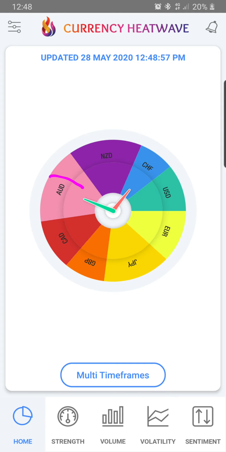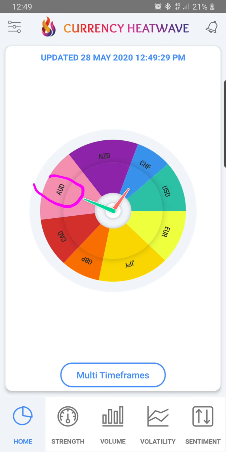Looking over here, you can see AUD, and you can see the green hand of the pointer pointing towards AUD, and the area that AUD is covering is very large, larger than the other seven currencies. So what it is trying to tell us is that AUD is stronger at the moment.